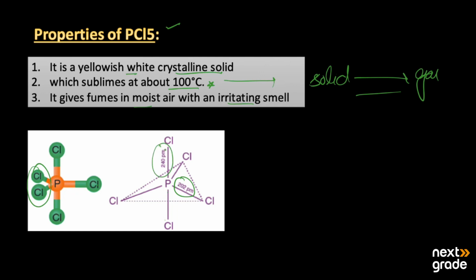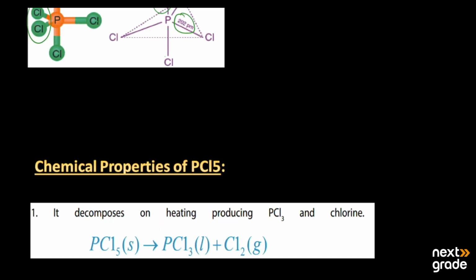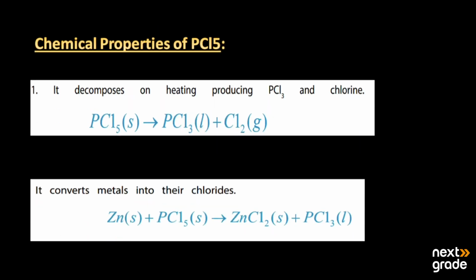So these were the simple physical properties of phosphorus pentachloride, and here we have its chemical properties. The first property is that it easily decomposes on heating and produces two products, PCl3 and chlorine. So this is a simple decomposition in which it produces phosphorus trichloride and chlorine gas.